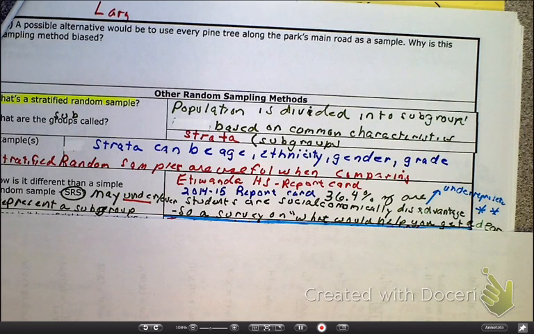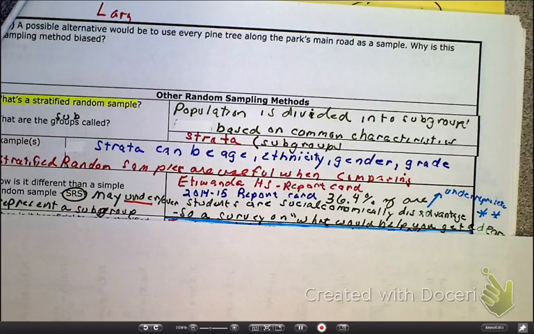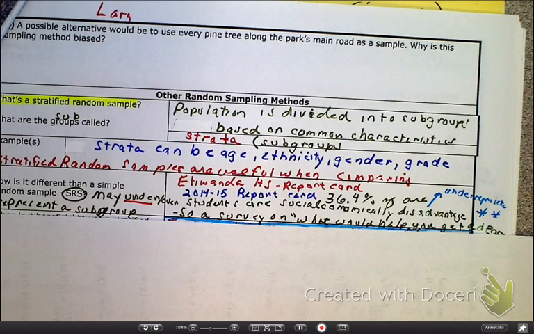But if I do strata, in which I have one strata that's socioeconomically disadvantaged versus not, and then I ask them that question, then I will see, okay, students that are socioeconomically disadvantaged feel that they won't be able to go to a four-year college for a lot of different reasons.